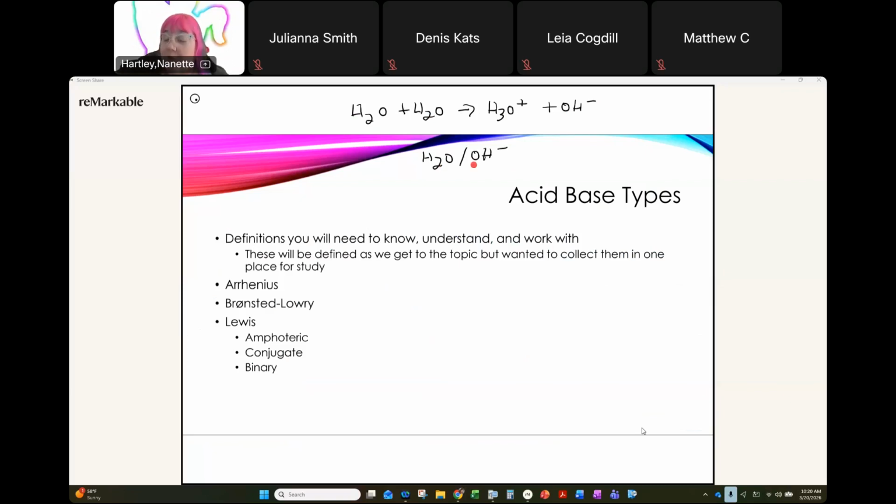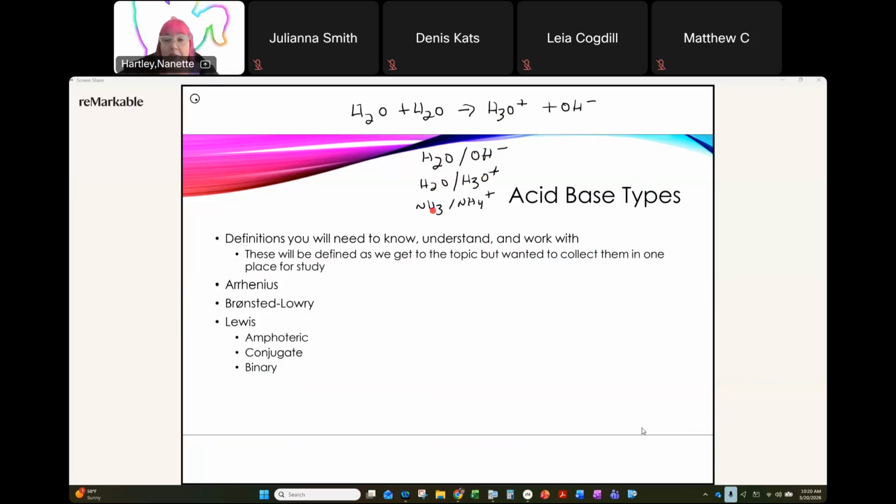This is my base, the OH minus. H2O and H3O plus. Okay, in this case, this is the acid, this is the base. Because again, I have one more proton here than I do here. Okay, so that's how I know that that's the acid. All right. NH3 and NH4 plus.